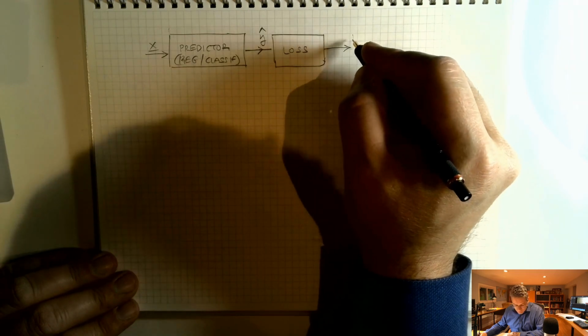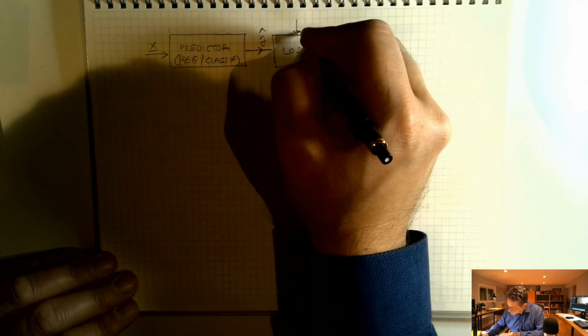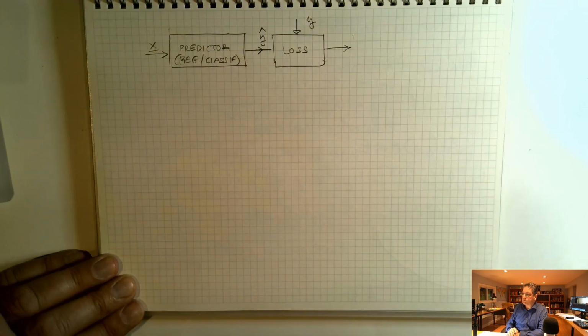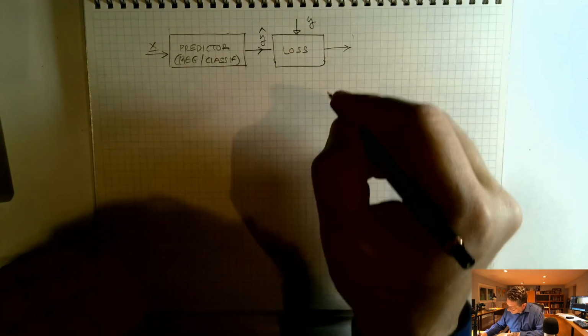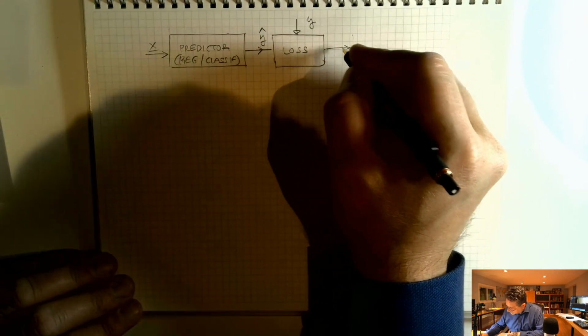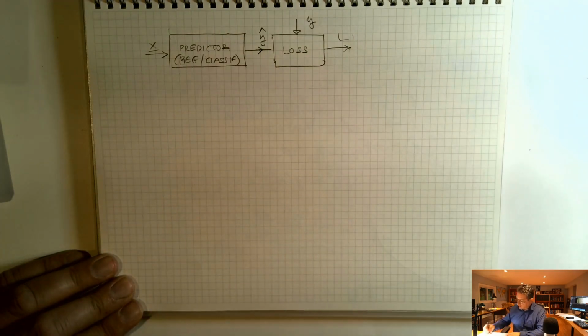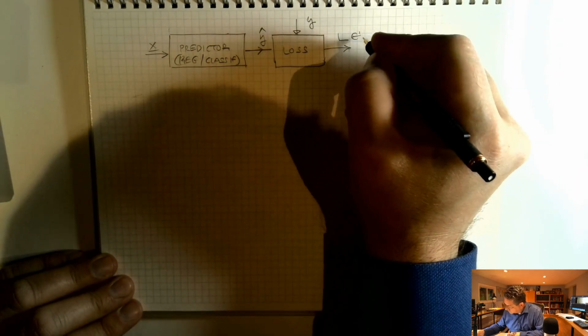So this loss function should have some knowledge of the ground truths y, and we are going to obtain a scalar number for the loss.